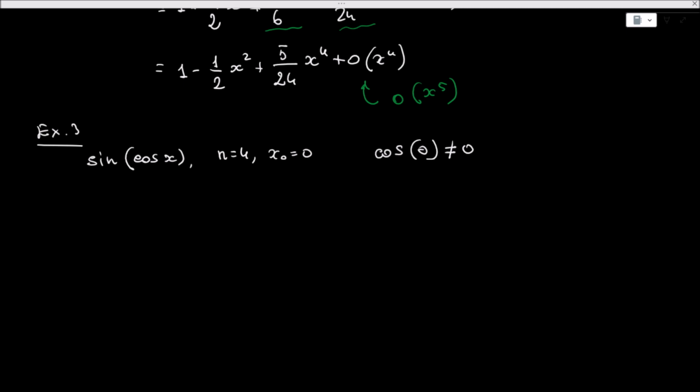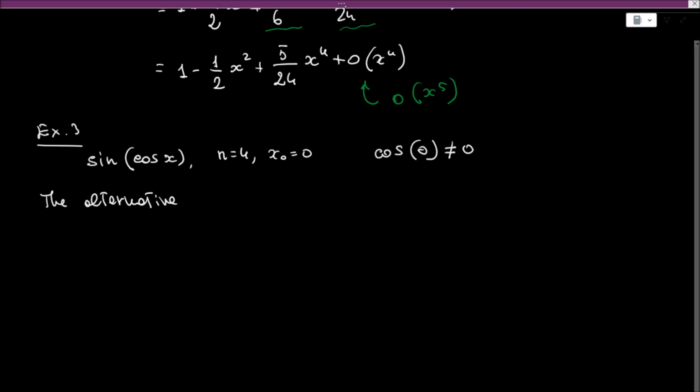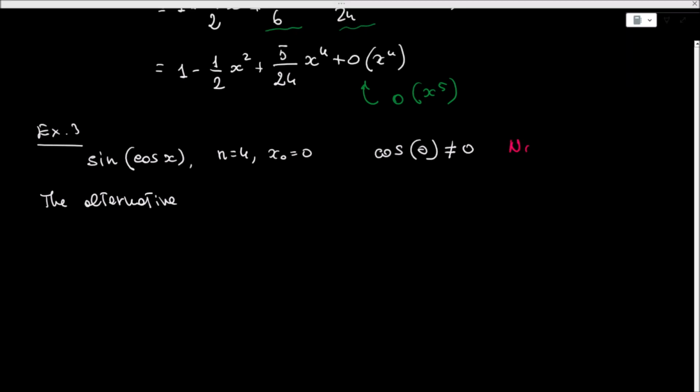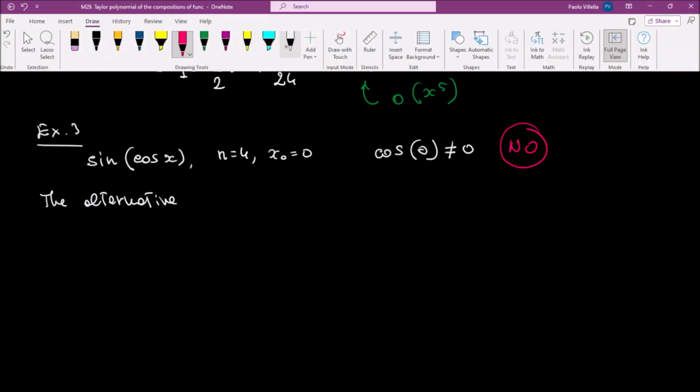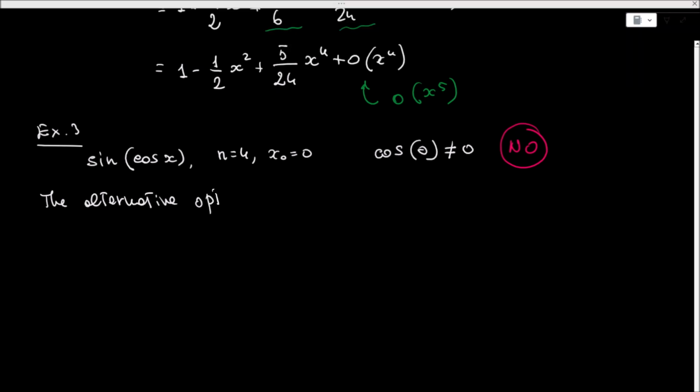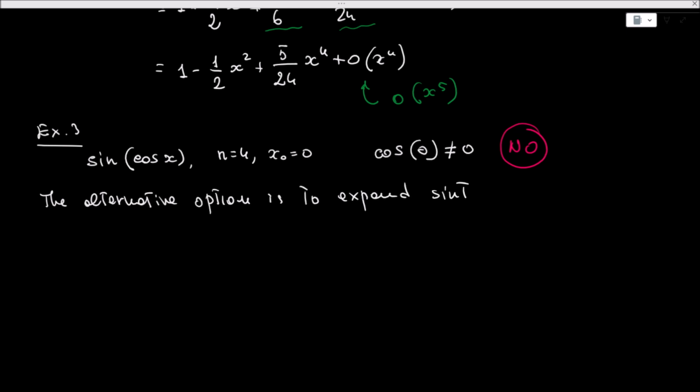What we could do, so the alternative, so let me write that this cannot be expanded, but the alternative option is to expand sine of t around x naught equal 1.